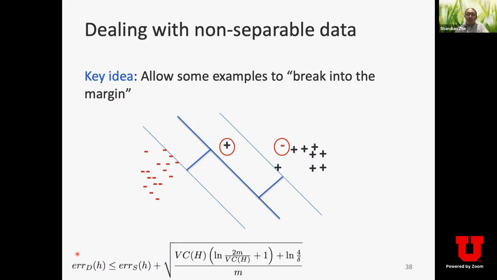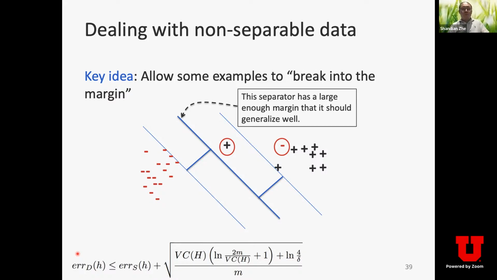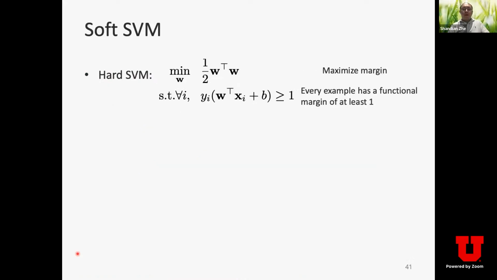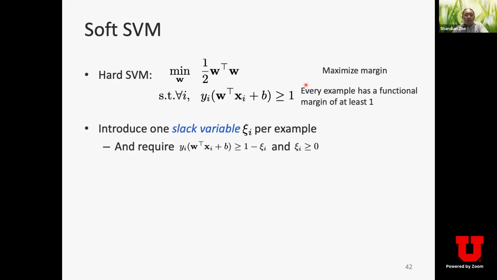Then the problem is how we give a mathematical formulation that allows us to identify which outliers should be thrown out, and then look for the maximum margin for the remaining examples. For every example, we introduce a slack variable ξi.